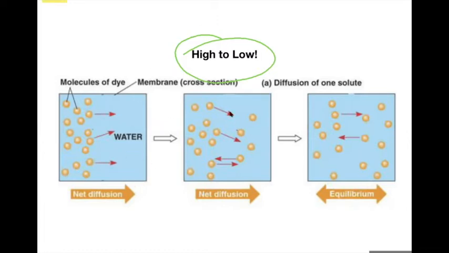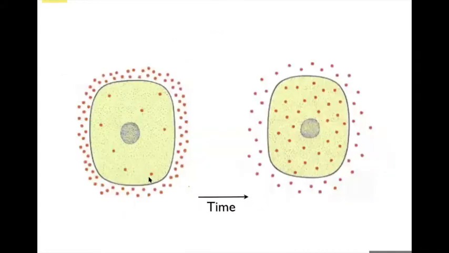This is a big concept in physiology that will come up over and over again in a couple of different contexts. Things are moving in that direction just as a natural effect. So high to low. Always remember that, and how it applies in many different situations. That's diffusion, just across the space.